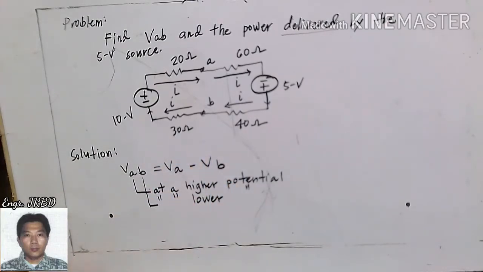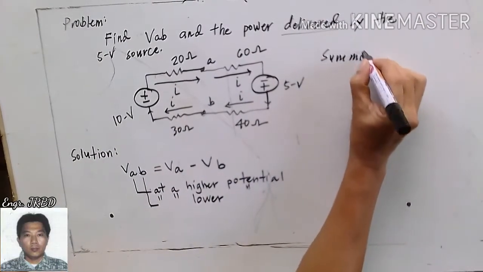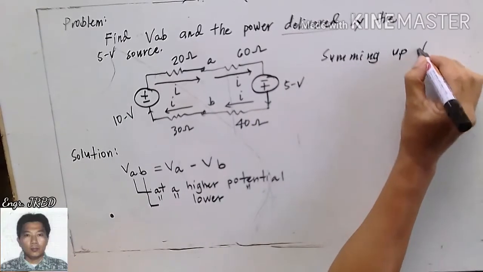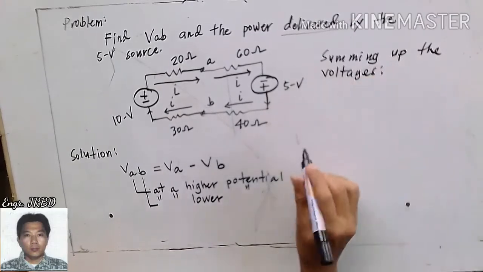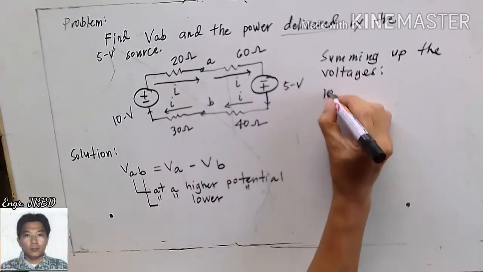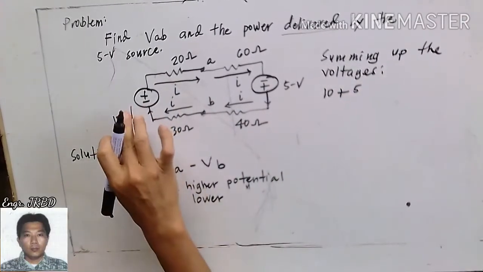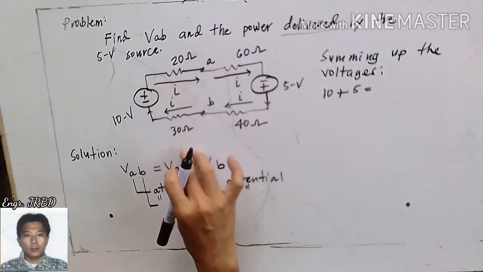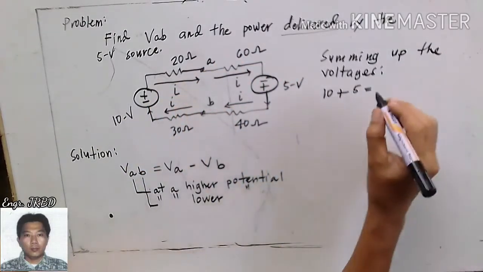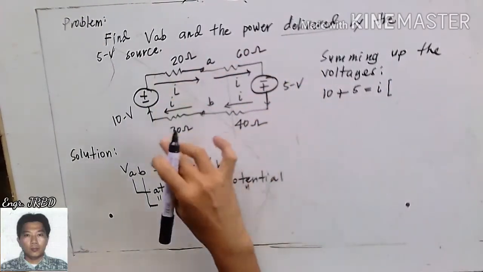If you try to sum up your voltages, it will be 10 volts plus 5. The sum of these voltage sources is always equivalent to the voltage drops of these resistances in series, which is your I times your 20, 60, 40, and 30 that are in series.